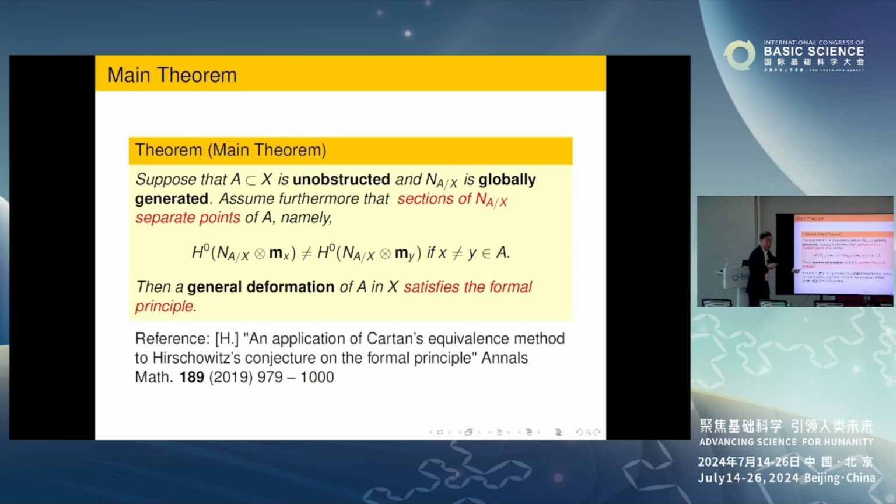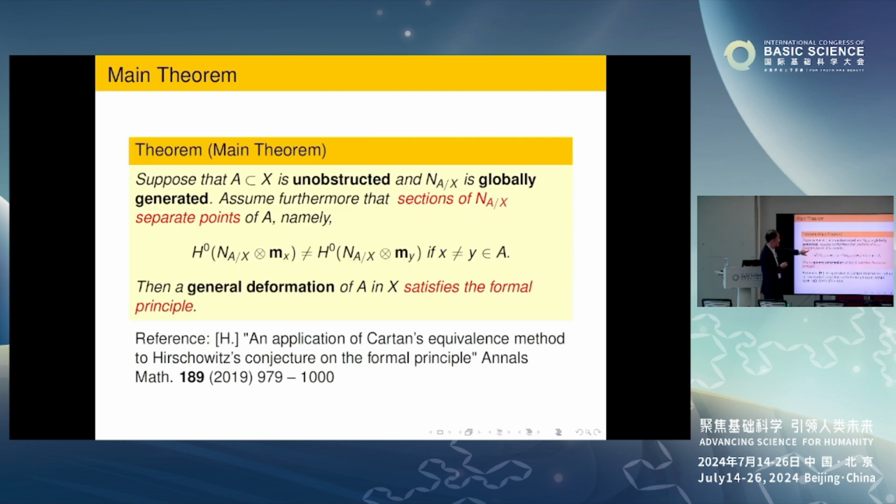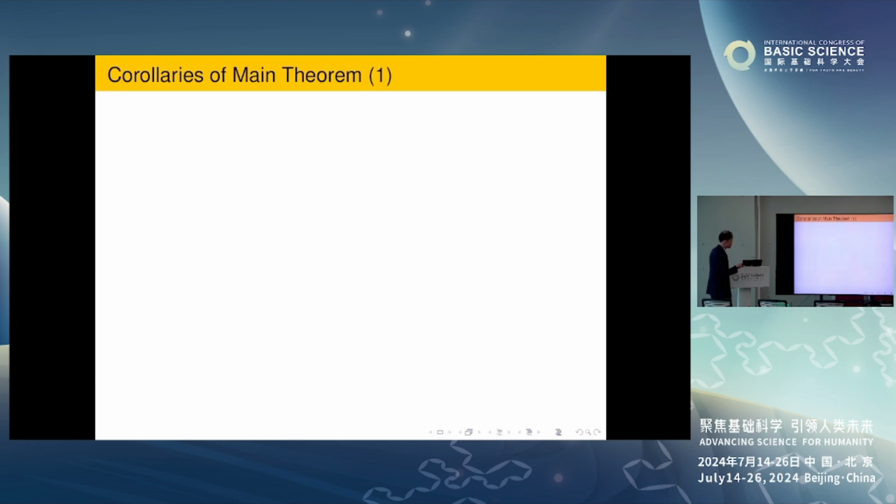So this is the paper which was awarded the award. Although this may look more restrictive than Hirschowitz's original conjecture, there are some interesting corollaries.